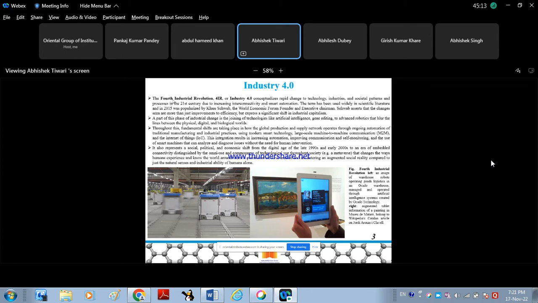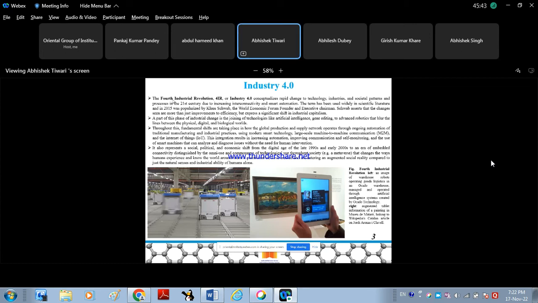and in Industry 4.0. That is called smart manufacturing, and it also represents a social, political, and economic shift from the digital age of the late 1990s and early 2000s to an era of embedded connectivity, distinguished by the omni-use and commonness of technological use throughout society, which changes the ways humans experience and know the world around them.